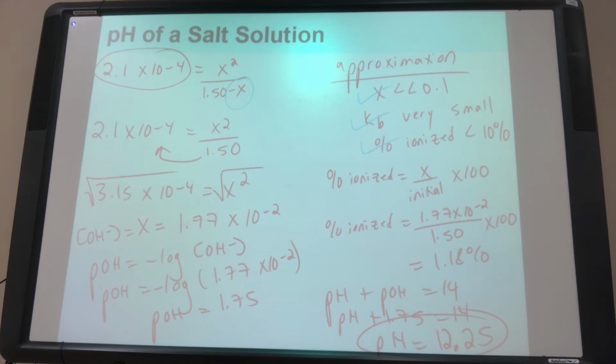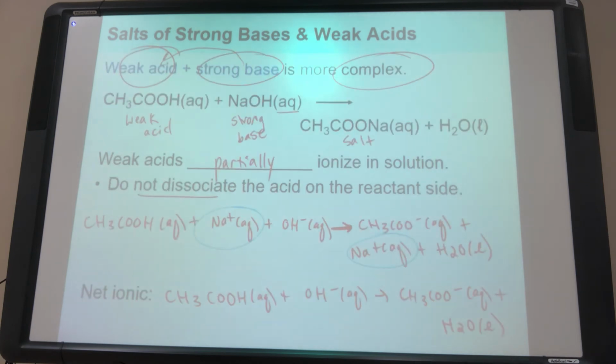It's not gonna be a pH of 14, but it should be closer to 14 than to 7. Okay, so I know that's a lot, but that is how to do it if my salt solution is from a base. So if I have a strong base and a weak acid, my solution is gonna be basic, so my salt is gonna be a basic salt, and then I can find the pH from that.